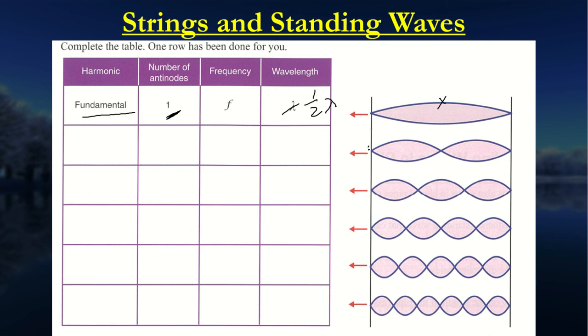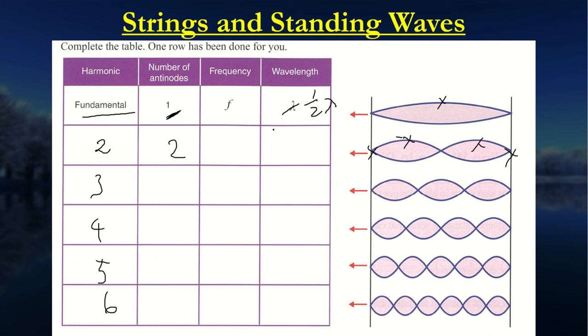You can see these are fixed ends. So with fixed ends, in terms of the harmonics, you're going up by 1. The second one we create is the second harmonic, the third is the third harmonic, then 4, 5, and 6. If we count the number of antinodes, we have 1 antinode there and 1 antinode there, so that gives us 2.